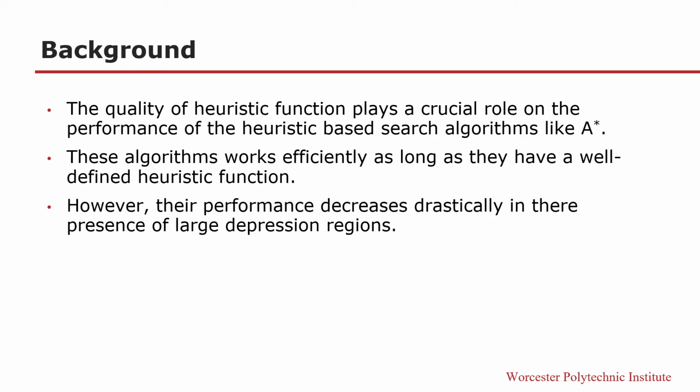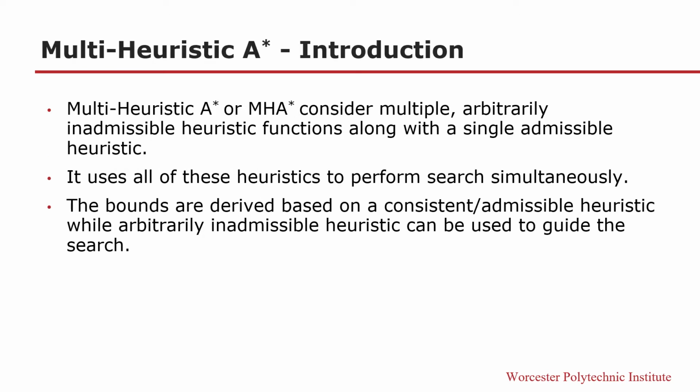Now, the depression region is the region where the heuristic value does not correlate well with the actual cost. Hence, a search algorithm which includes more than one heuristic function, and so includes all of the complexity, can be used. This is where multi-heuristic A star is beneficial.